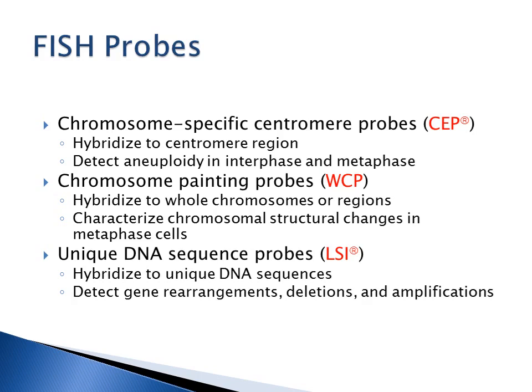So some common probes used in FISH. You can use chromosome-specific centromere probes, which are going to hybridize to the centromere region and detect aneuploidy in both interphase and metaphase. There are chromosome painting probes, which will hybridize to whole chromosomes or regions and will characterize chromosomal structural changes during metaphase cells, or unique DNA sequence probes, which are going to hybridize to unique DNA sequences and detect genetic rearrangements, deletions, and amplifications.